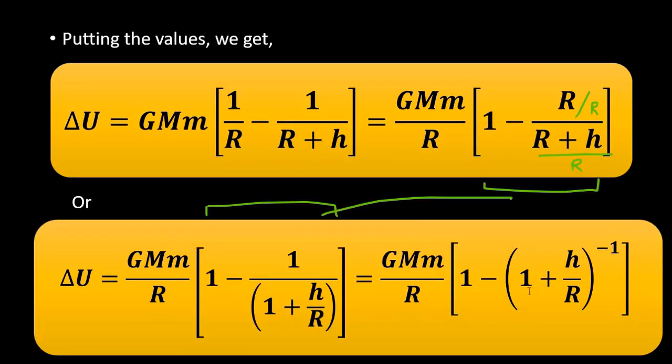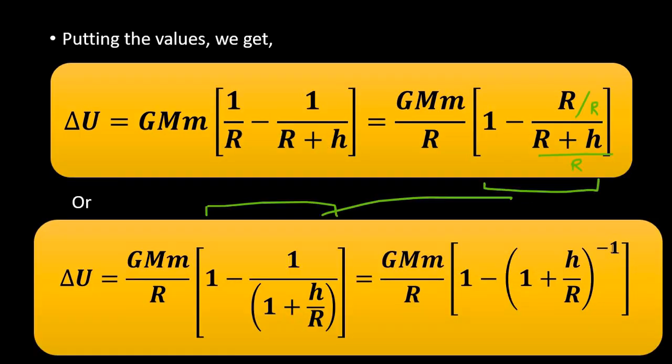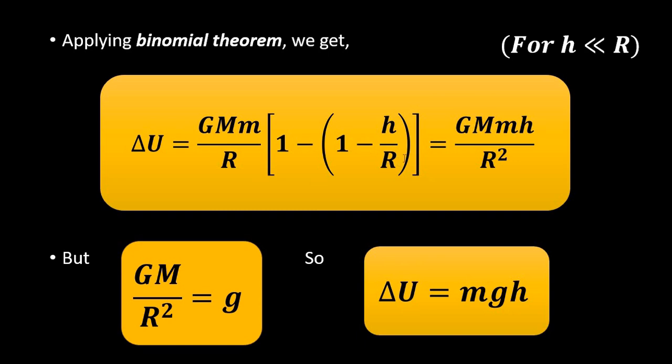Binomial theorem: 1 plus x to the power n, when x is considerably small, is approximately 1 plus nx. So here, (1 plus h by R) to the power minus 1 becomes 1 minus h by R. We have substituted it using the binomial theorem, since the condition is satisfied.